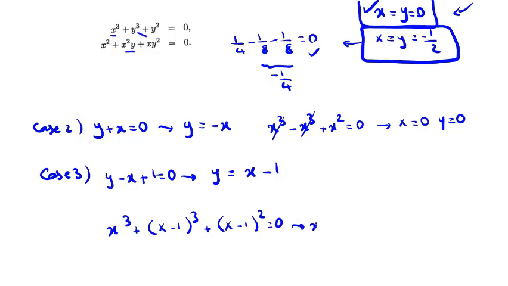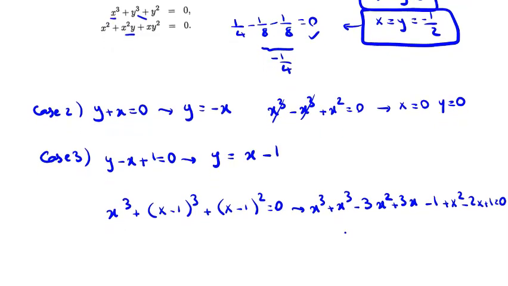If we write it out, it will be x cubed plus x cubed minus 3x squared plus 3x minus 1 plus x squared minus 2x plus 1 equals 0. If we simplify, it will be 2x cubed minus 3x squared plus x squared, and 3x minus 2x, and negative 1 plus 1 equals 0.